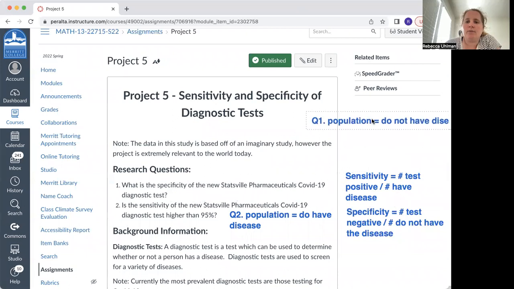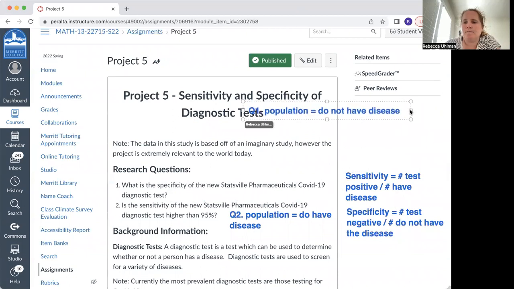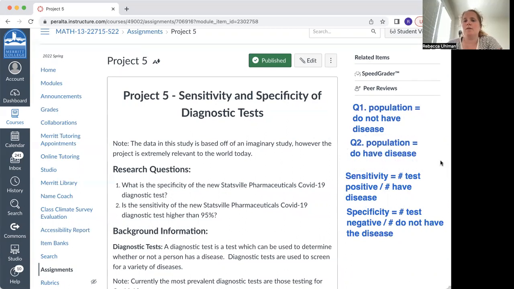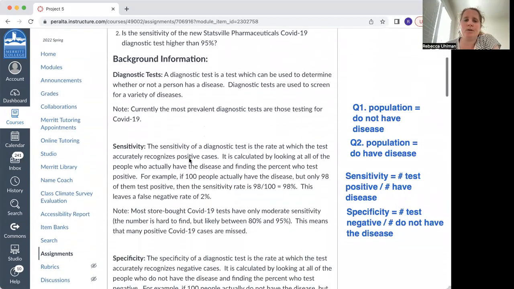For question 1, our population is those that do not have the disease. For question 2, our population is those that do have the disease. This is the information that we will need as we work our way through the project.